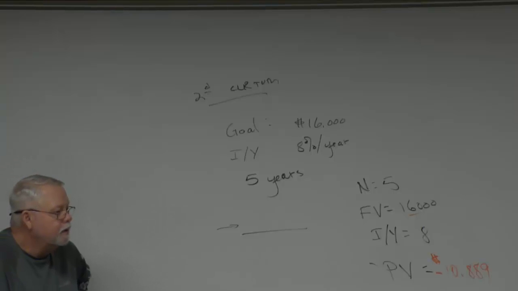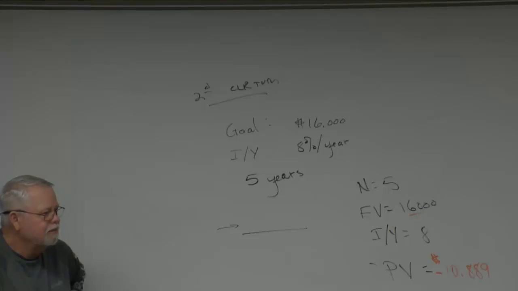B represents present value, and that's what we're trying to calculate. So when I hit the CPT button, then it would be PV. 5 years, 5N, 16,000. You guys can go ahead without me. I'm lagging behind here. No, we are not in a rush.